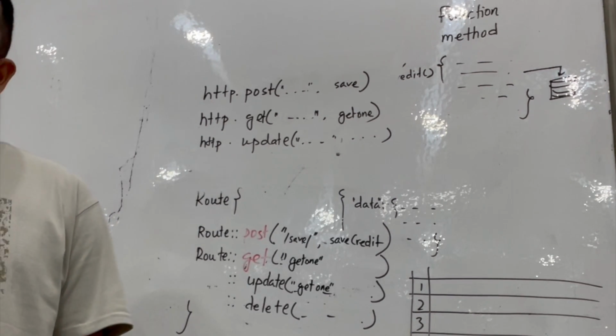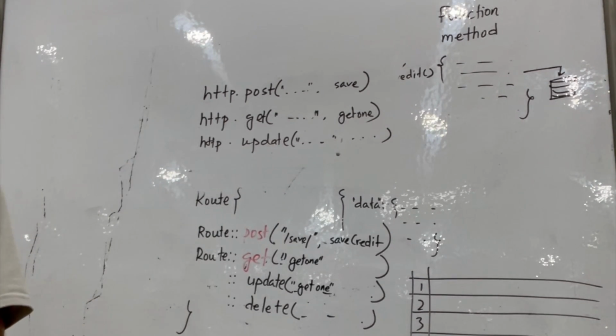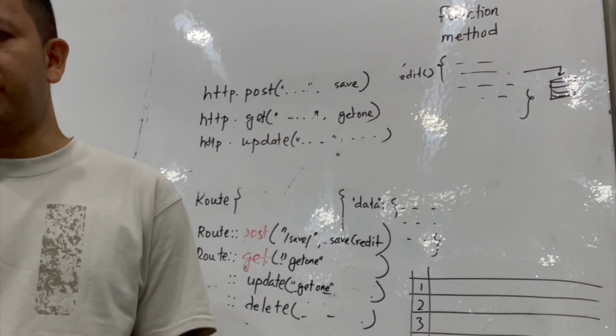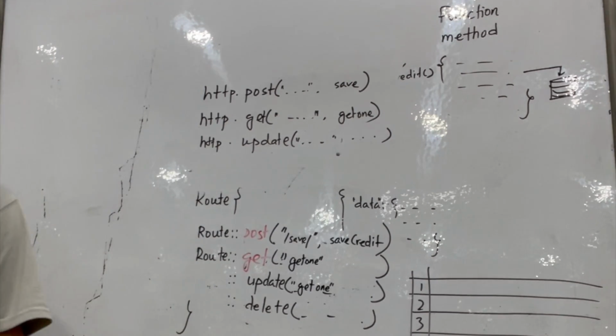In the browser, browsers sometimes do tell you that it's get or post, but we'll talk about that later. So this is all about APIs and their types. Any other questions?